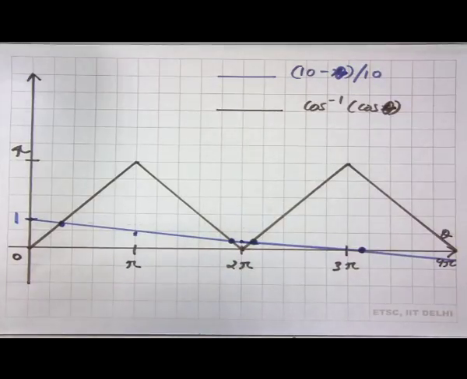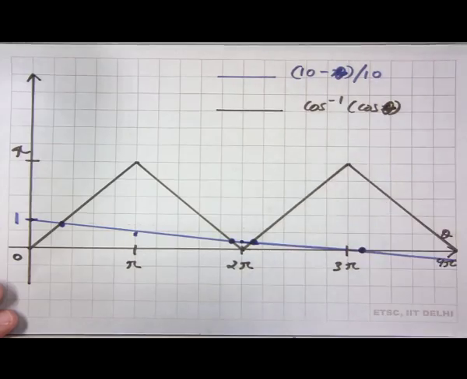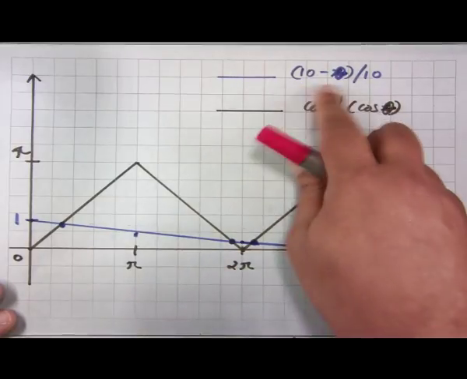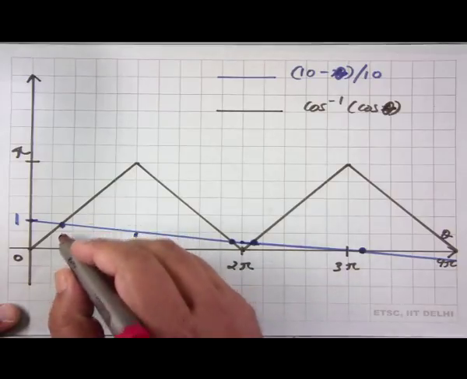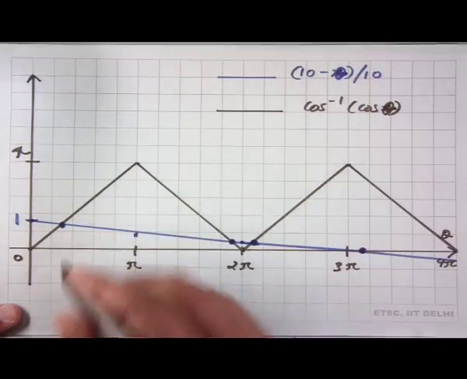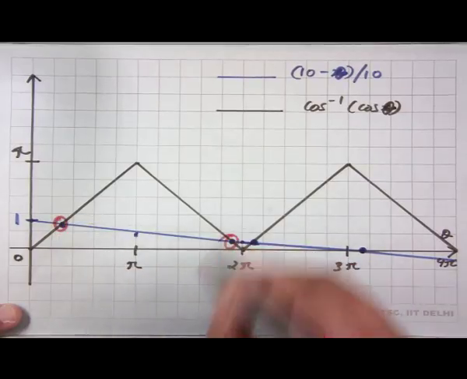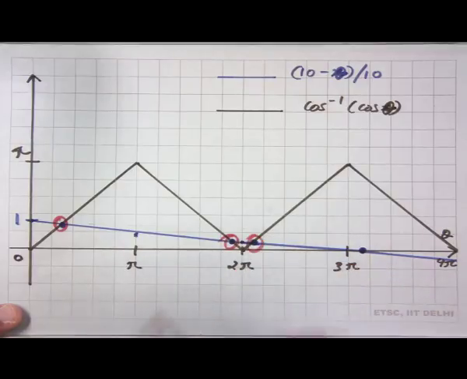Since we were asked to find all those values of theta for which these two functions take the same value, that is, for which cos inverse cos theta equals tan minus theta over 10, it is very clear from the graph that both these curves intersect first over here, then the second time here, and then the third time here.